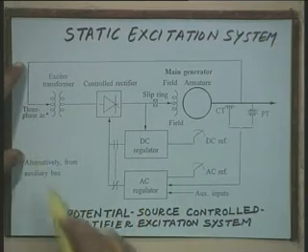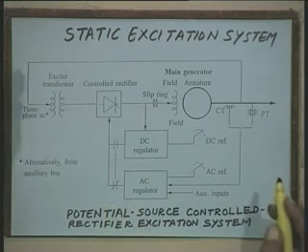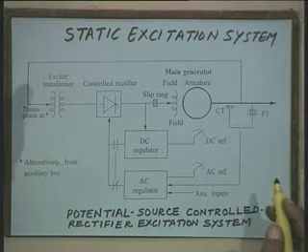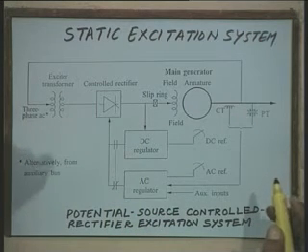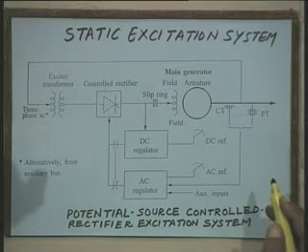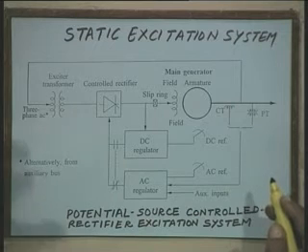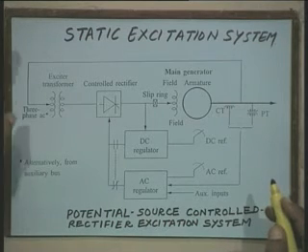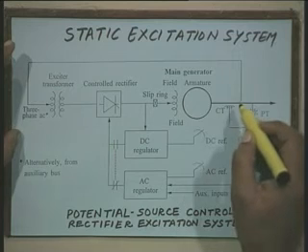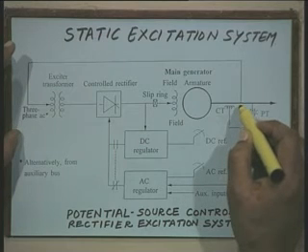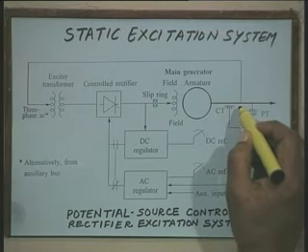This figure shows the schematic diagram of a static excitation system. In static excitation system, the excitation power is derived from the terminal of the synchronous generator or from the auxiliary bus of the power plant.